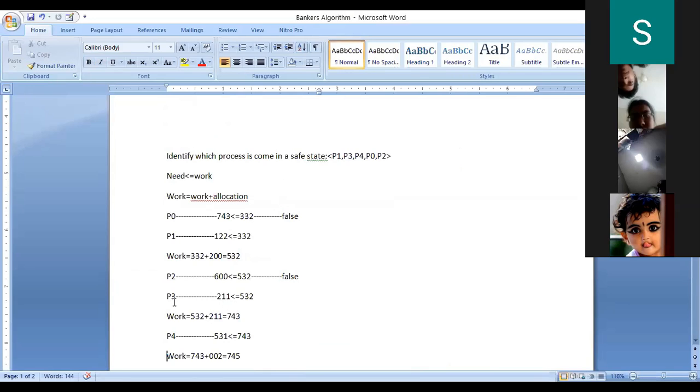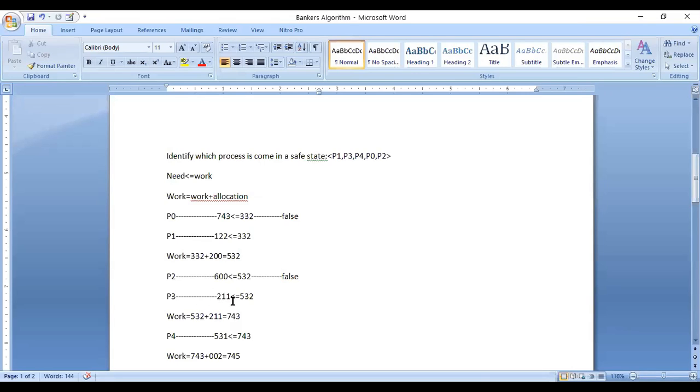If P3 executes, 211 resources are required. So it will complete its execution, and after completing, it will release these resources, that is 211. Those values are added to the work. So what are the values here? 7, 4, 3.